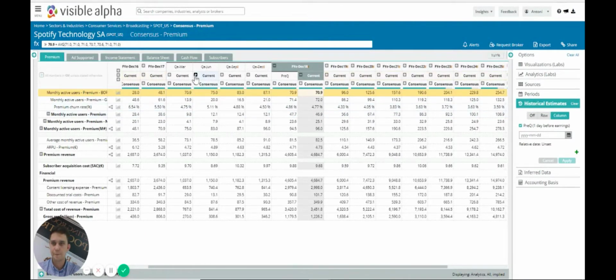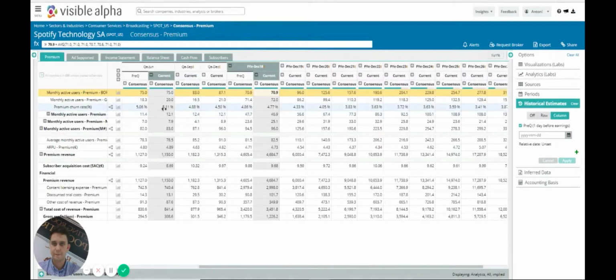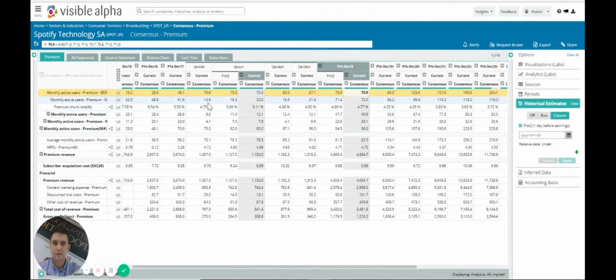Here we go. So this is the current view, or actually the filings from the call last week, and here's what the street view was just a day prior to that.